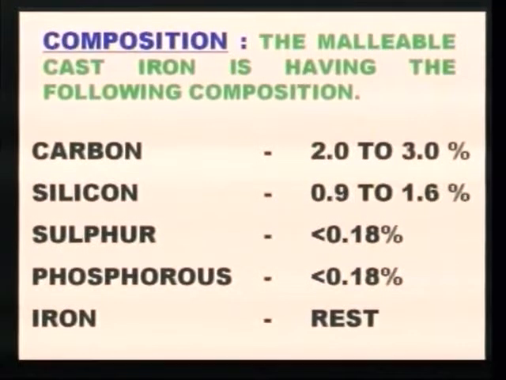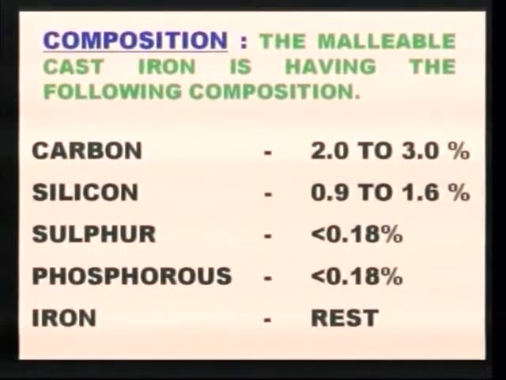Carbon from 2.0 to 3.0%, silicon 0.9 to 1.6%, sulphur less than 0.18%, phosphorus less than 0.18%, and the remaining is iron.